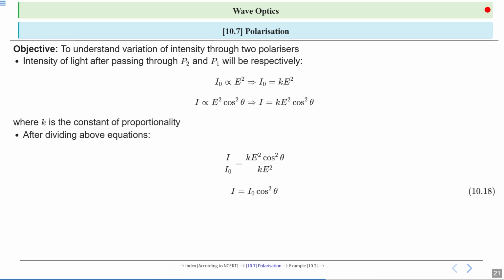This is equation 10.18, which is a fundamental result in wave optics. This equation shows us how the intensity of light changes based on the angle theta. This relationship is known as Malus law. It's a fundamental principle in optics that describes how light intensity varies with the angle between the light's initial polarization and the polarizer's axis.